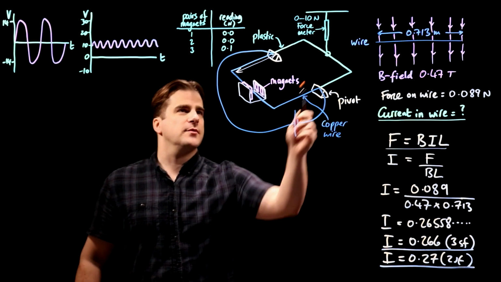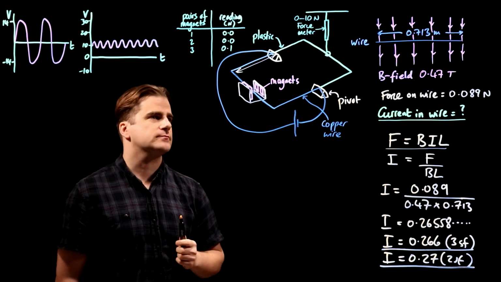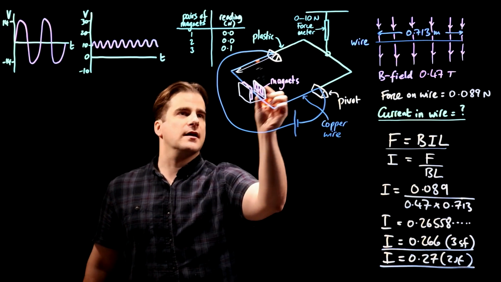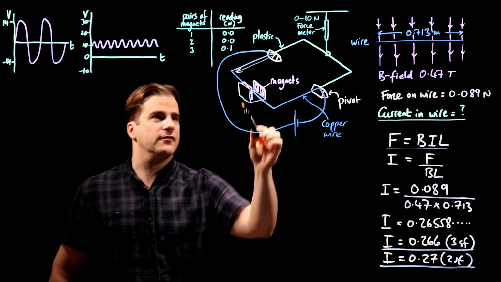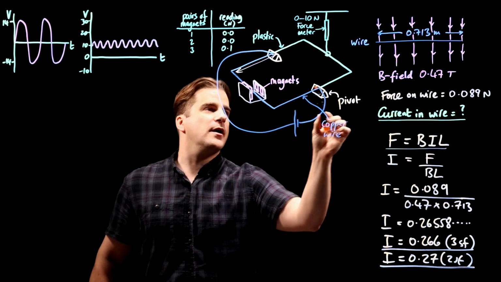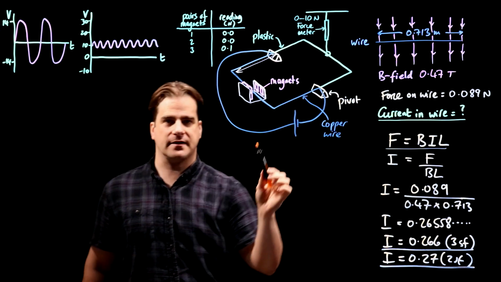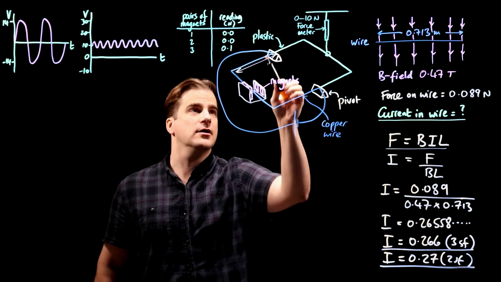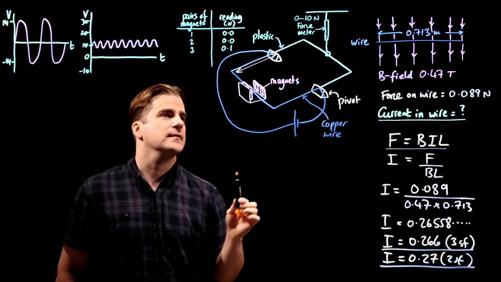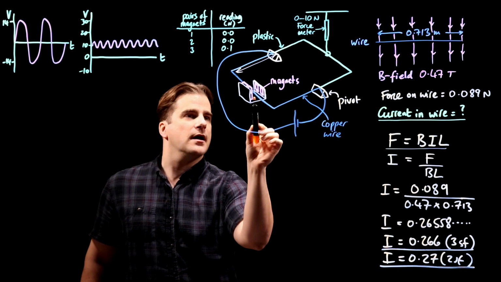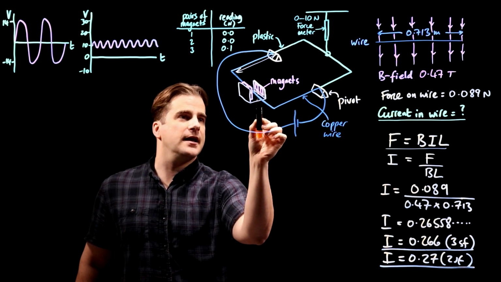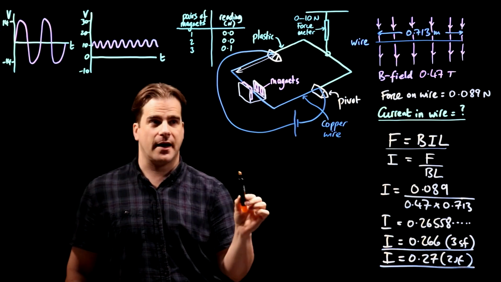Okay, next bit we have this experiment here. So what we have is a copper wire here, the blue bit. A copper wire is stiff, okay? So you've got a stiff wire attached to a stiff piece of plastic. So the whole thing acts like a rocker on these pivots, okay? We're sending current through this wire and it's sitting in a magnetic field provided by the magnets.